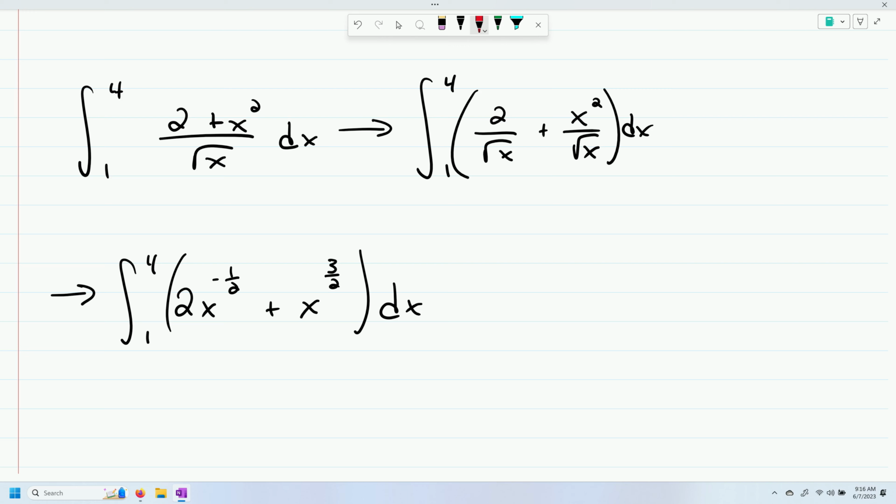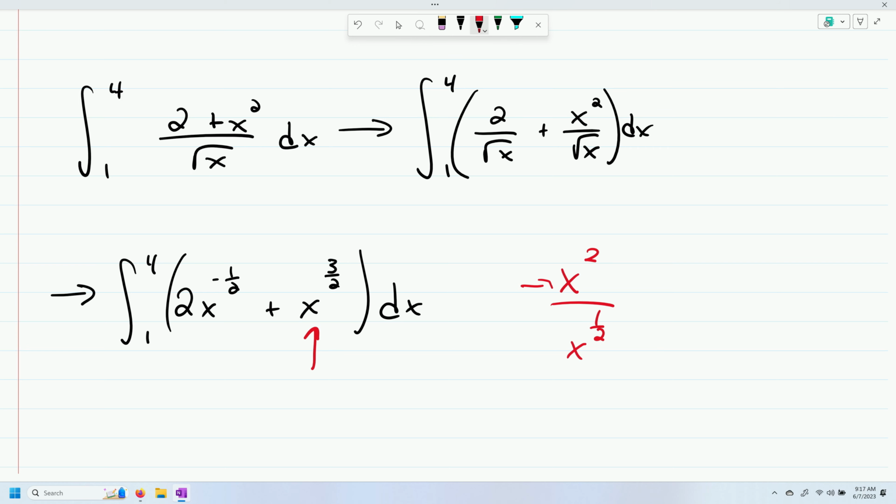Now, really quick, for those who don't see what I did with this, especially with x to the 3/2, all I did is I took x to the second over x to the 1/2.